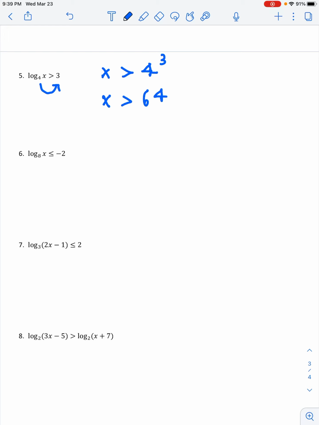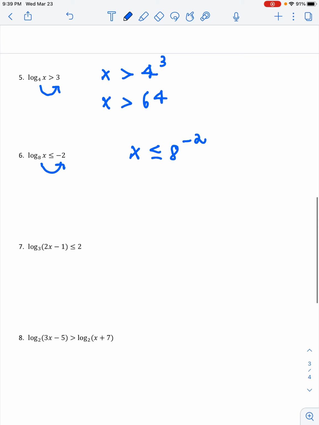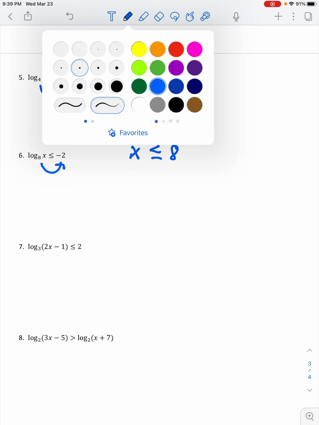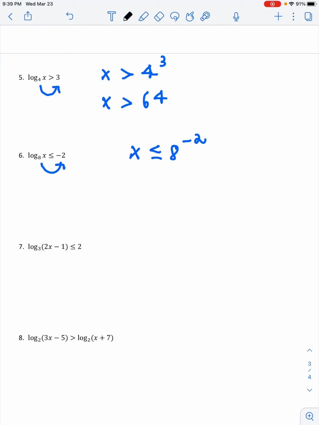How about number 6? Similarly, I can go to exponential form. My argument x would be less than or equal to 8 raised to the negative 2. Now, in this case, I have to be alert because my answers are on a continuum to negative infinity, less than or equal to. So this is where I do need the firewall, and I'm going to include the firewall and say that x would have to be greater than 0.